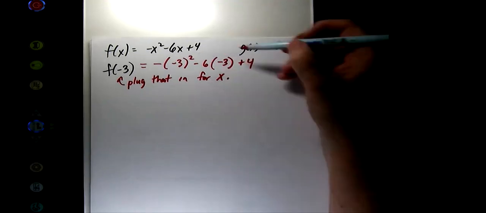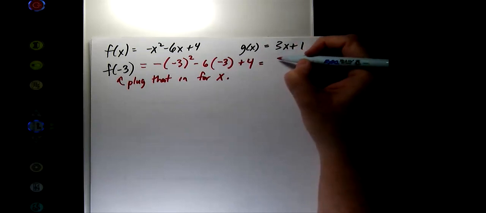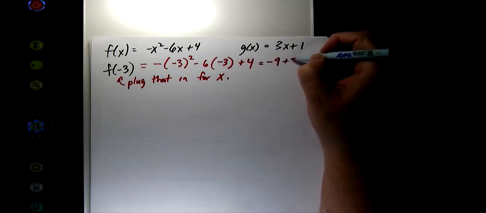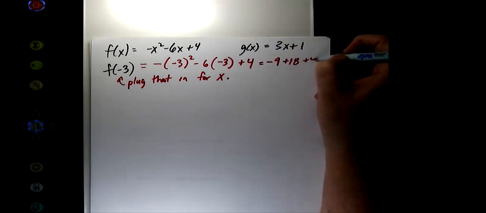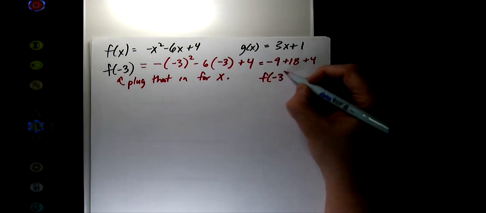And so here we have to evaluate it. -3 squared is 9, and then there's a negative on the outside. -6 times -3 is +18. +4. F of -3 equals 13.